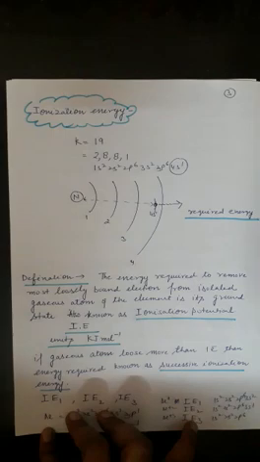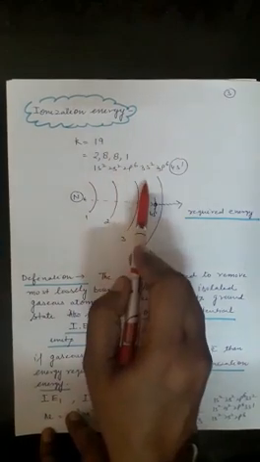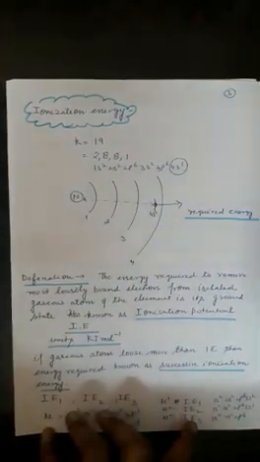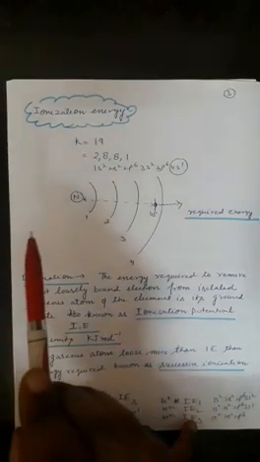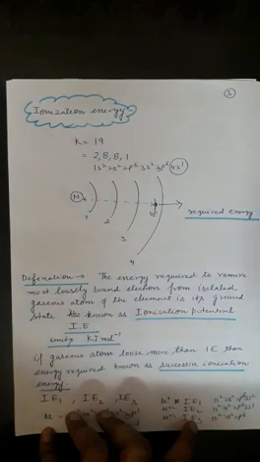The electronic configuration is 2, 8, 8, 1, and in sequence it is 1s2, 2s2, 2p6, 3s2, 3p6, and 4s1. So the outermost electron is present in the fourth shell, s orbital. Here we have to discuss the ionization energy.